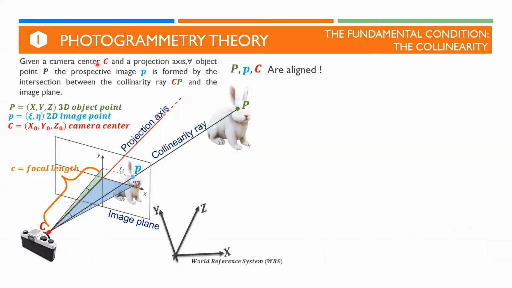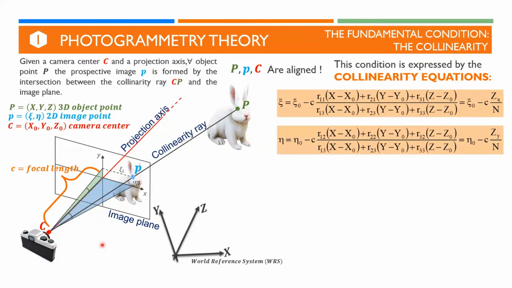So here, given our camera center and a projection axis, for each object point P, the perspective image, this p, the blue one, is formed by the intersection between our collinearity ray, so from C to P, and of course our image plane. And this condition is expressed in the collinearity equation.